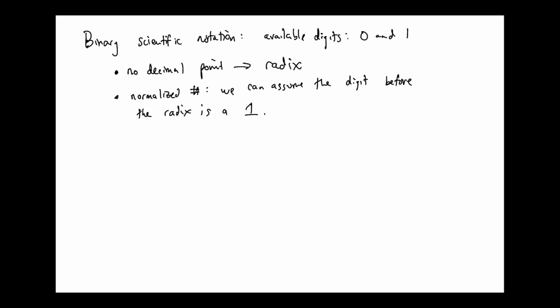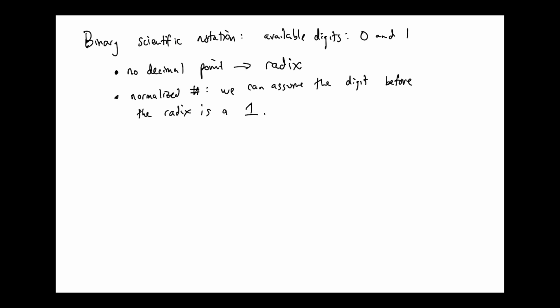That in binary is very convenient because what it means is that we get a bit for free. We don't have to encode that 1 because we assume that it's there, right? So if I'm going to do an 8-bit floating point number, in a sense, I'm really doing a 9-bit floating point number. I just don't encode one of those bits.